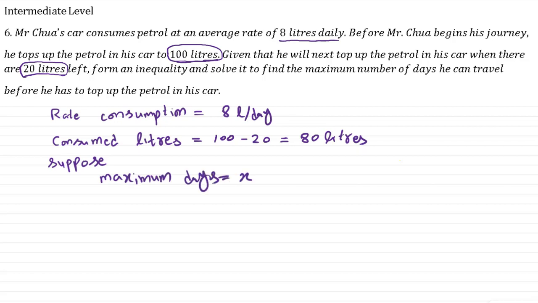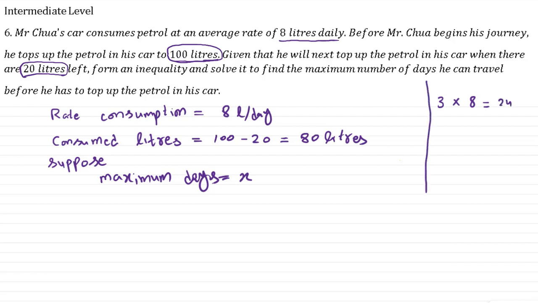If the maximum days are 2, then at the rate of 8 liters per day, consumption will be 16. 8 multiplied by 2, 16. And if maximum days are 3, then the consumption will be 8 3 times, 24.